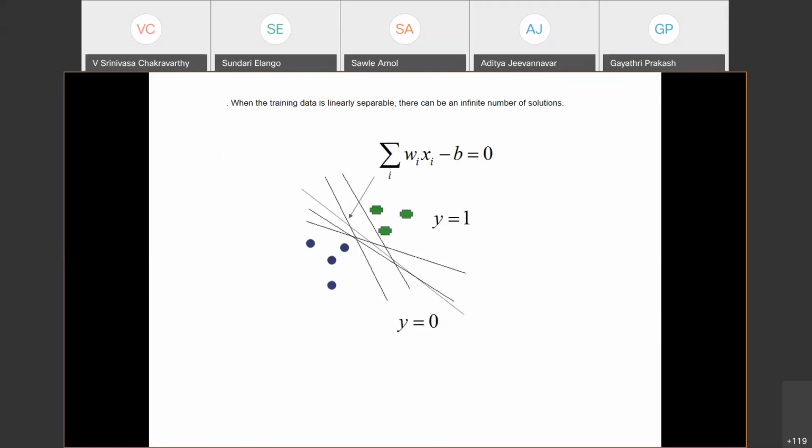But very soon it became clear that a perceptron can work only when the data corresponding to the two classes are linearly separable. That means there must be a straight line which can separate these two classes. Or in n dimensions, there must be a hyperplane which separates these two classes. Otherwise, it won't be able to learn.